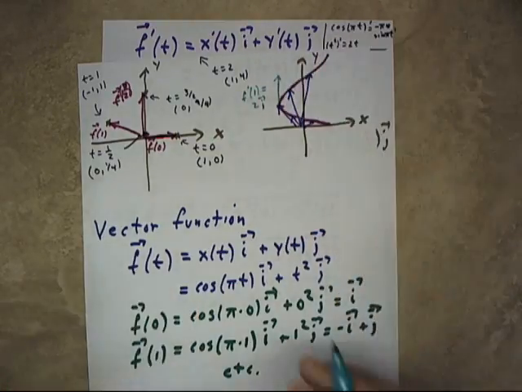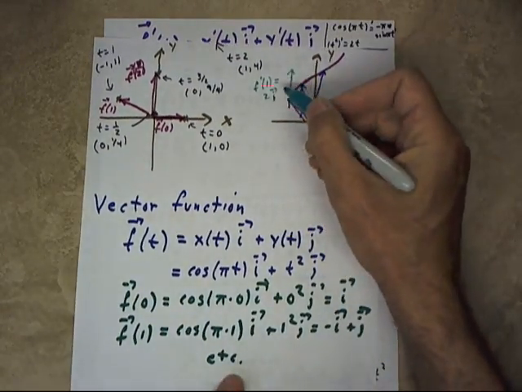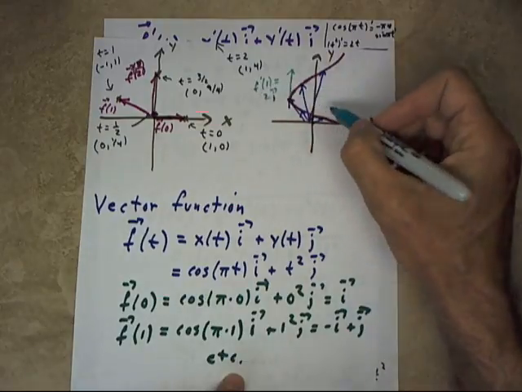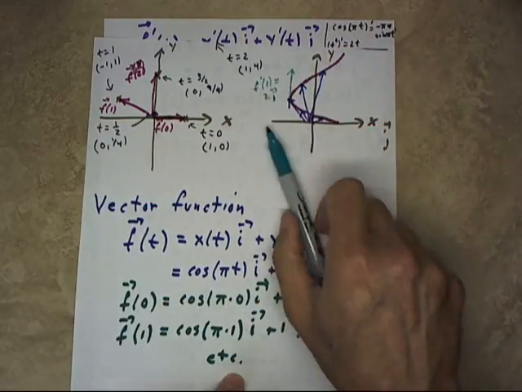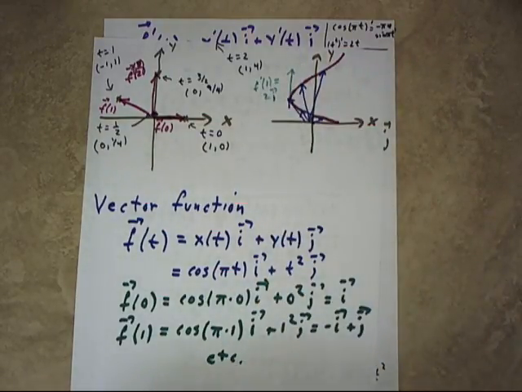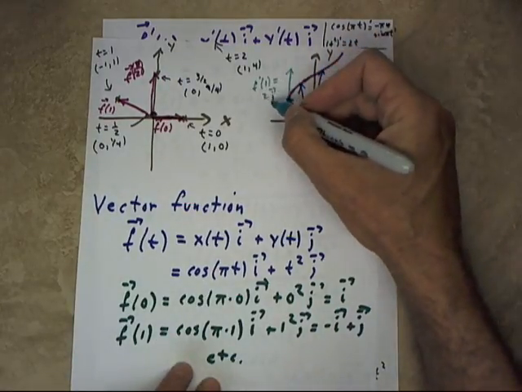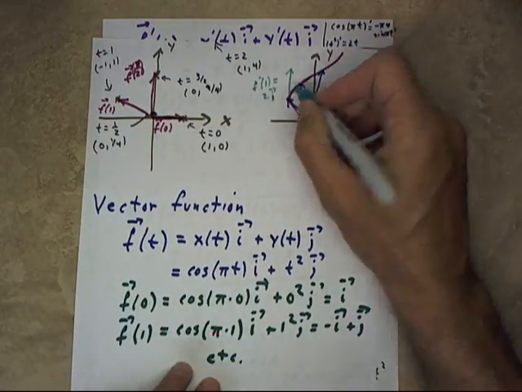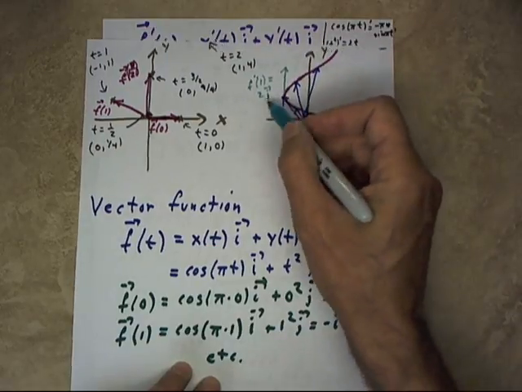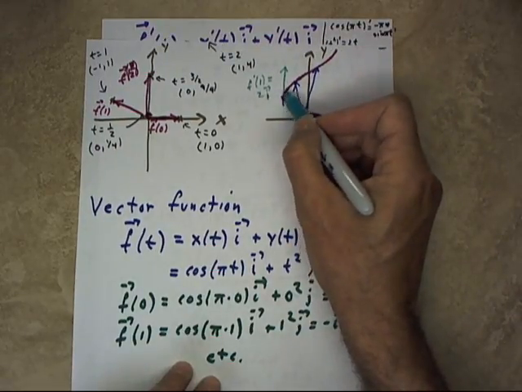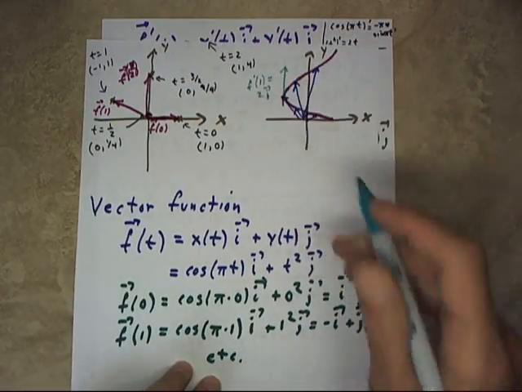When t represents time, then the derivative of this vector function represents the magnitude and direction of our motion, our velocity. So at this point we're moving in the direction of 2j, and the speed of our motion will have magnitude 2.